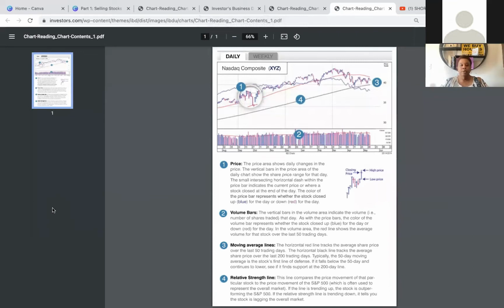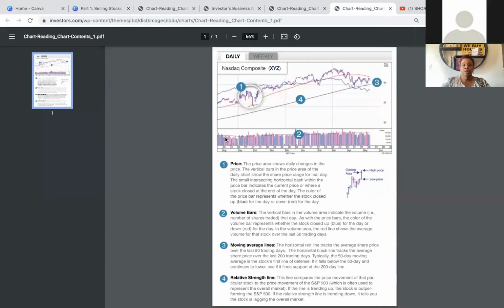The price area shows daily changes in the price. So tomorrow, Facebook could be $1.99 or it could be $2.50. So number one tells you the price of the stock. To the right of the chart, which is over here, is the price.